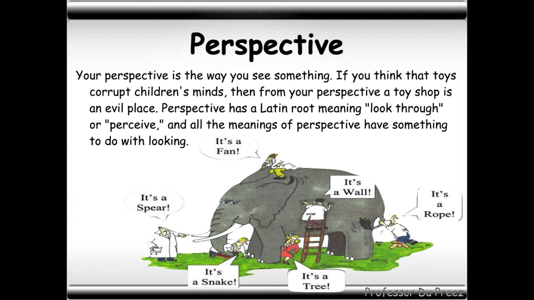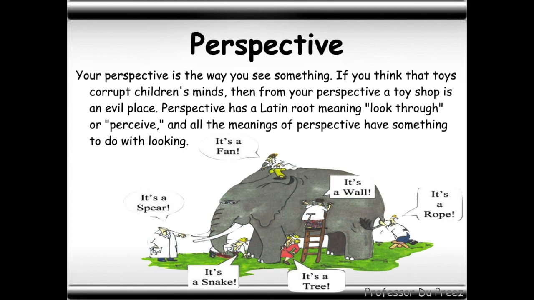The one between the ears is saying it's a fan, because the elephant's ears are moving. The one who's feeling the elephant's body is saying it's a wall, because it's sturdy and flat. The one who's at the tail is saying it's a rope. The one at the legs is saying it's a tree.